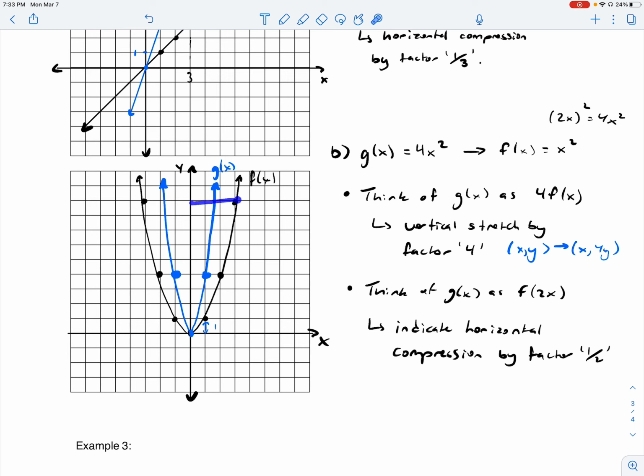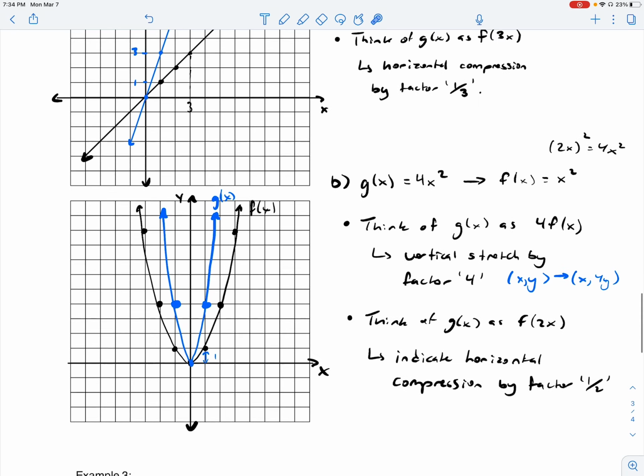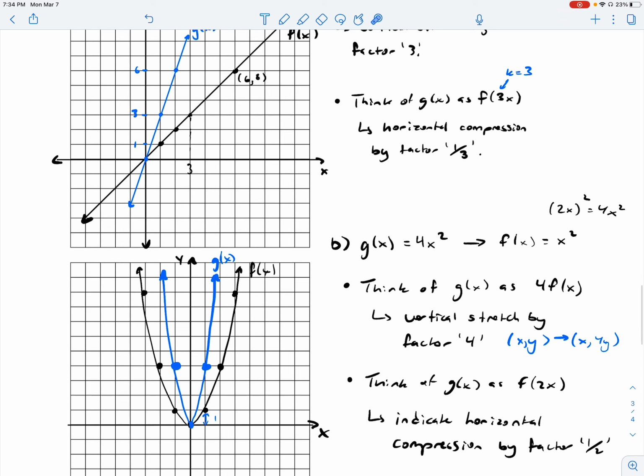This one, which is at a distance of 3, now we only have 1.5. So they all get bumped in by a half. So those are just showing you sometimes how transformations can be interpreted in two different ways and still be correct. All right, that's it for this example. I'll see you in the next video.